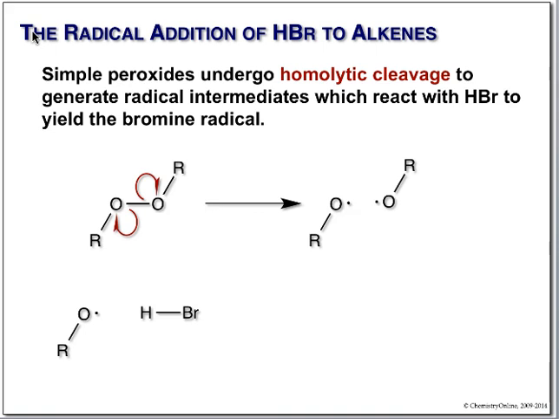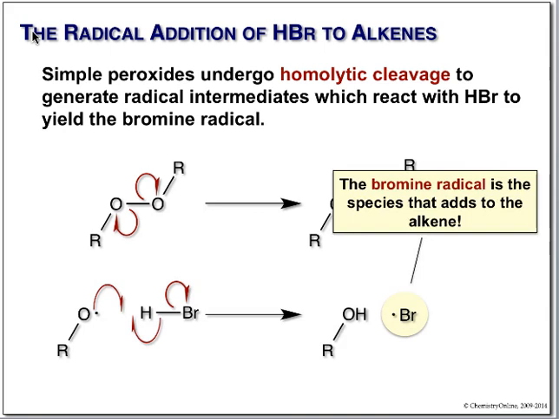It has the ability to grab something, really anything, from another molecule, and it'll rip it off with its 1 electron. In this case, it's going to rip off the hydrogen, and it's going to leave a bromine radical. The bromine radical is the thing that's going to add to our alkene. Now again, radicals are very reactive species.